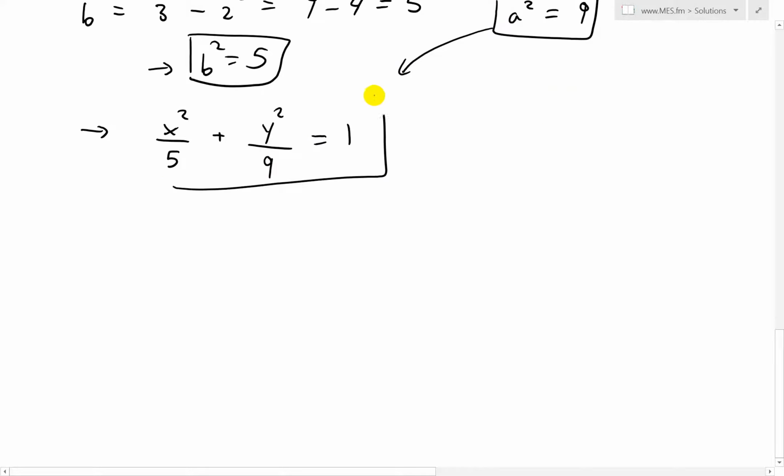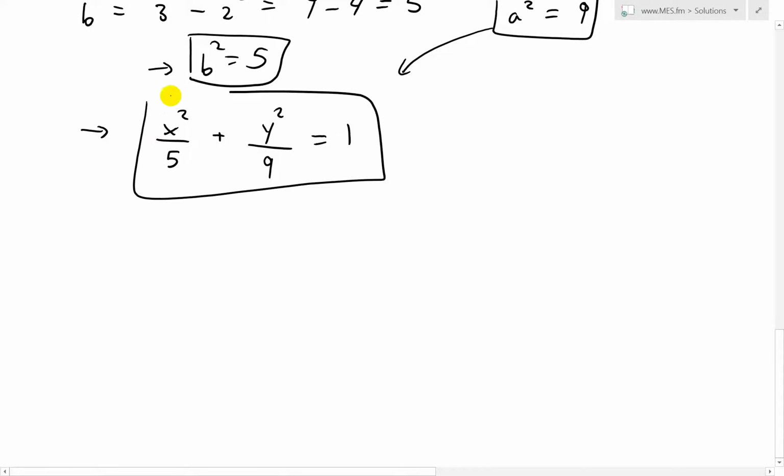So this is our equation, actually. There's our ellipse right there.